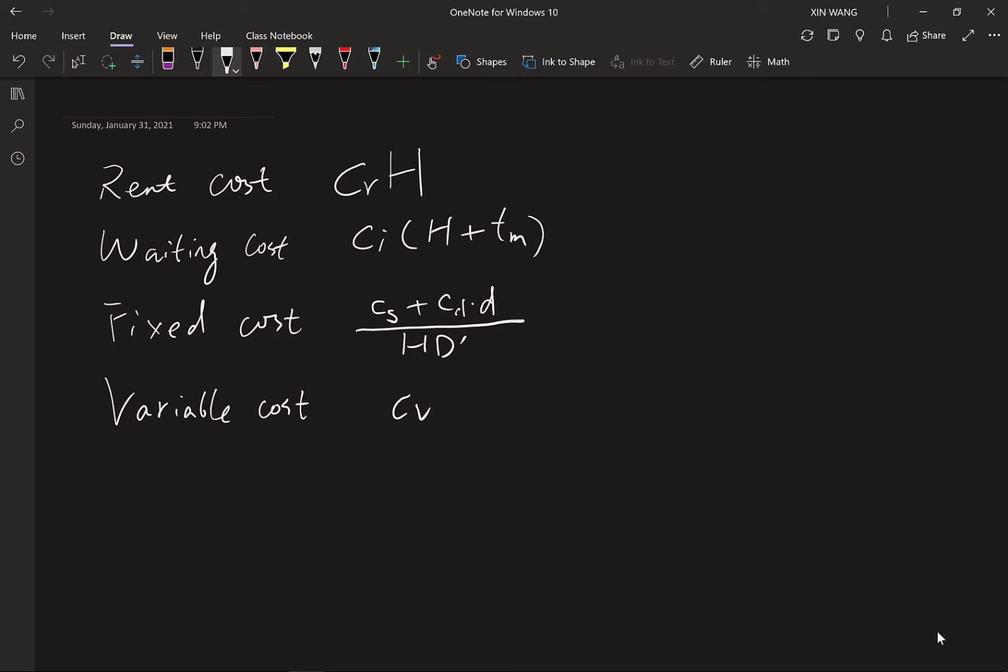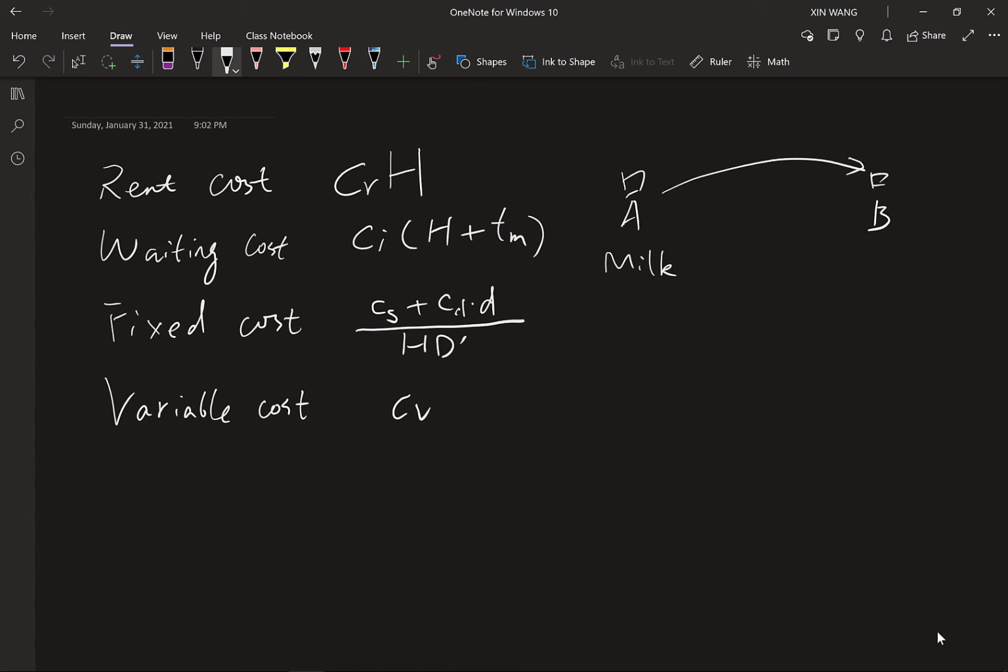So let's consider an example. Suppose that we have two locations, A and B, and then we want to ship the milk from A to B, and we know the parameters.